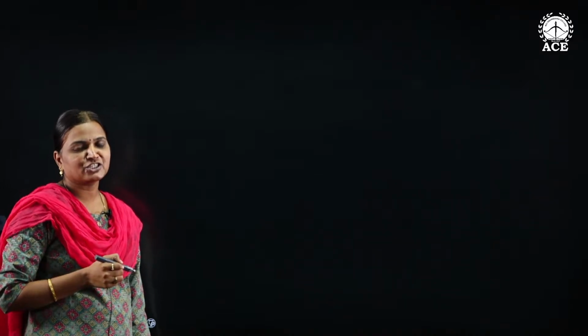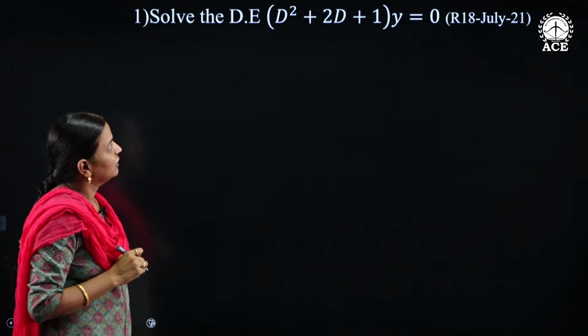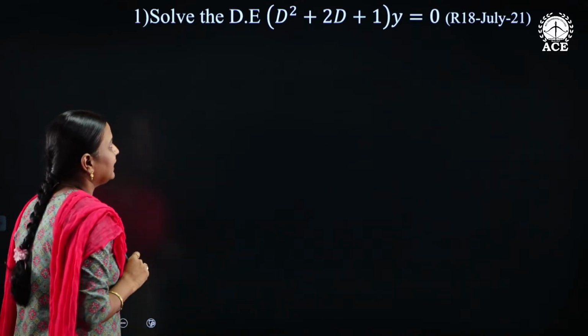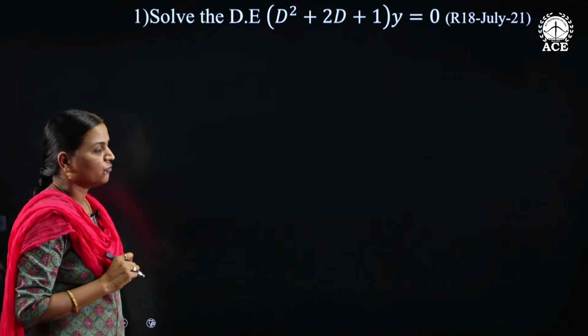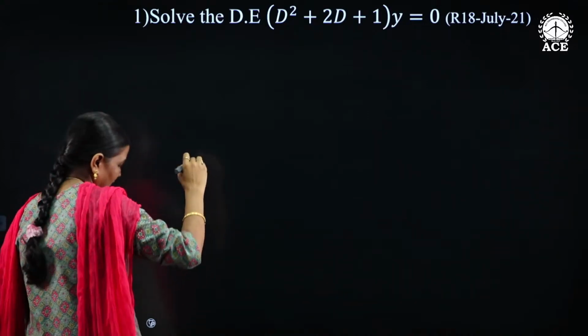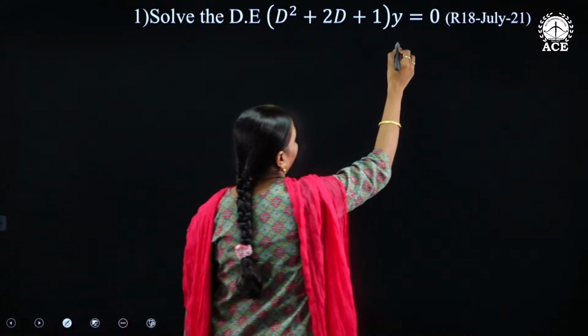The general solution of a homogeneous differential equation totally depends on the roots of the auxiliary equation. So what is the first question? Solve (d square plus 2d plus 1) into y is equal to 0. Consider this as equation 1.